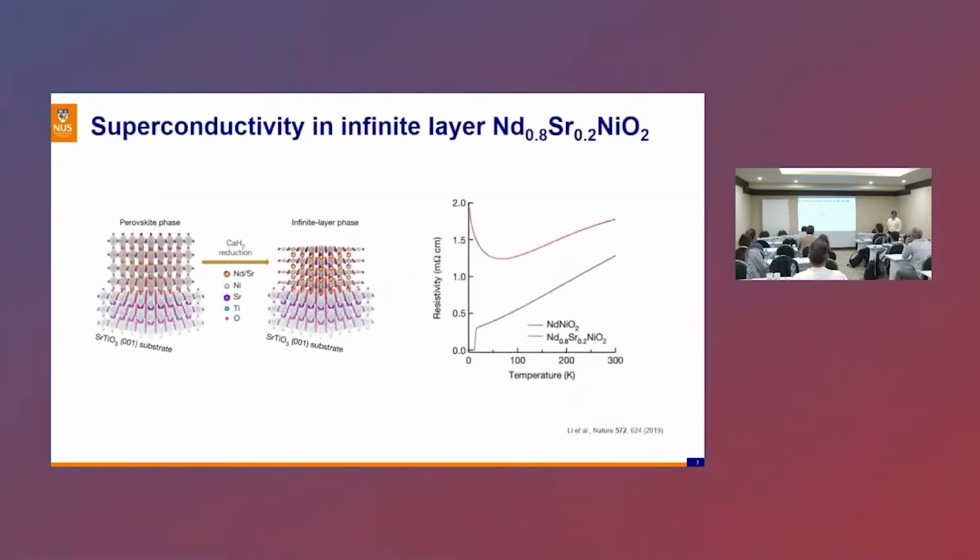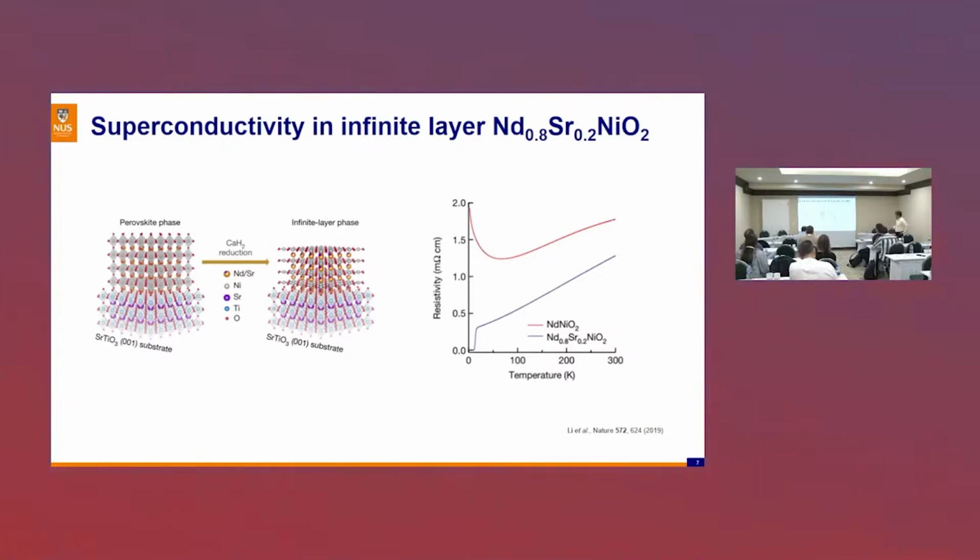With that in mind, in the last 30 years or so, people have been trying to achieve this nickel 1+, including, for example, making superlattices, trying to induce a charge transfer to come to this nickel 1+ state. Only recently, Danfeng Li in Stanford, Hwang's group, produced superconductivity in Nd doped by strontium.